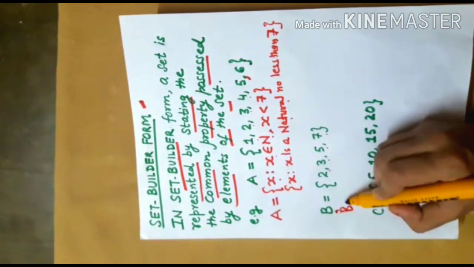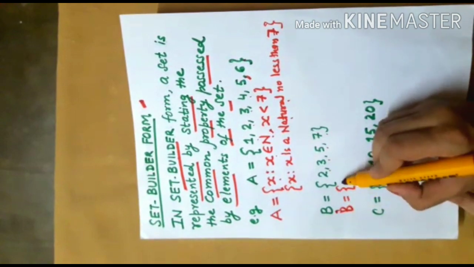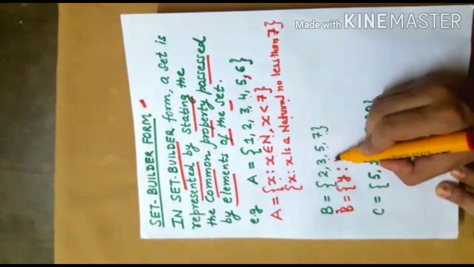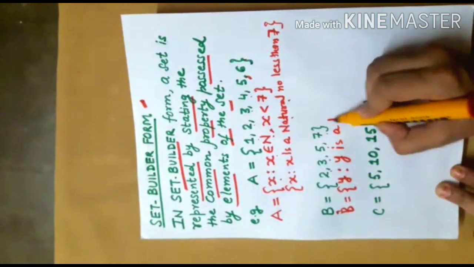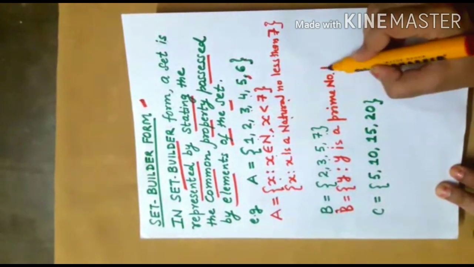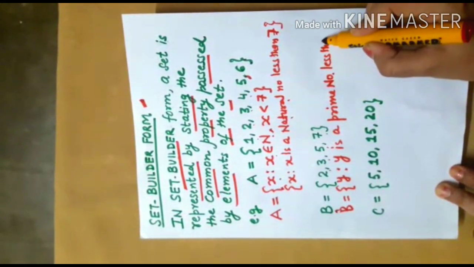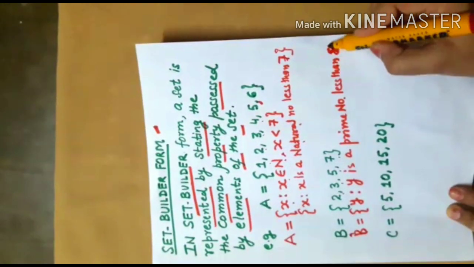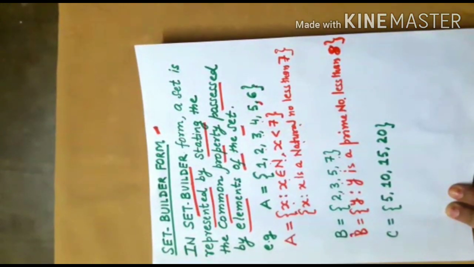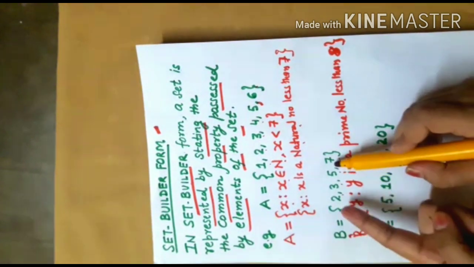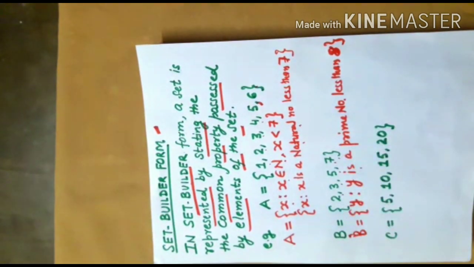So I write this set as collection of all y such that y is a prime number less than 8. So this is the set builder form of the set B.